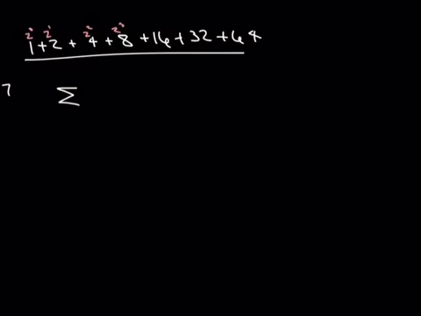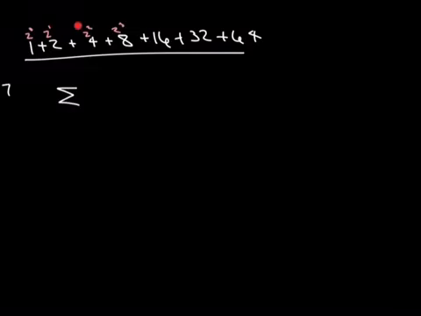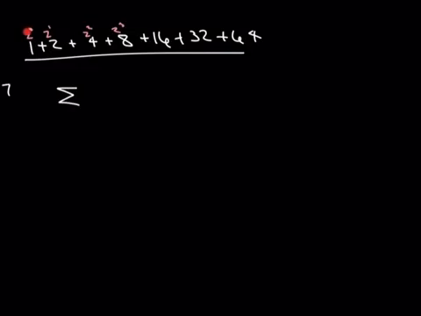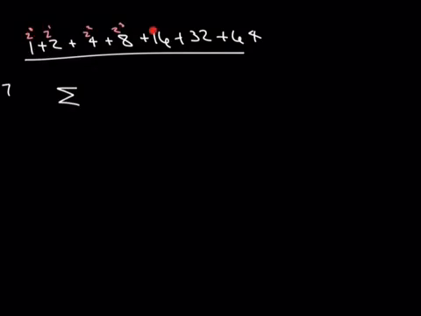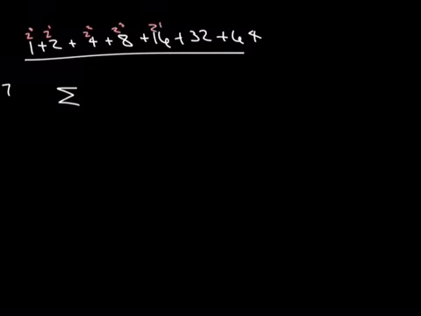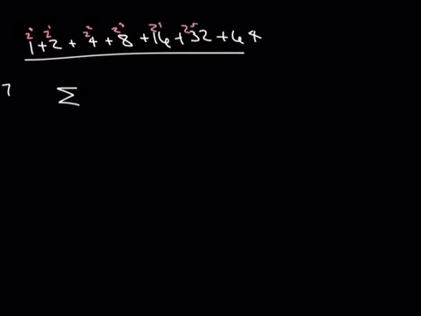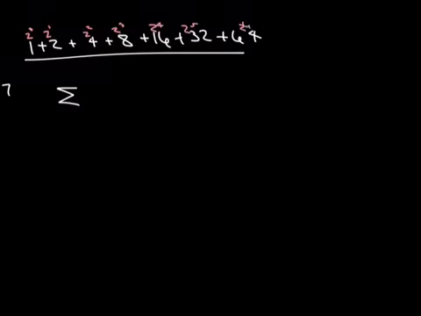Okay, so see what happens here? My numbers have to be counting numbers. Okay, and this one I started at 0 because 2 to the 0 power is 1. 0, 1, 2, 3, and that would be 4, and this would be 5, and this would be 6.